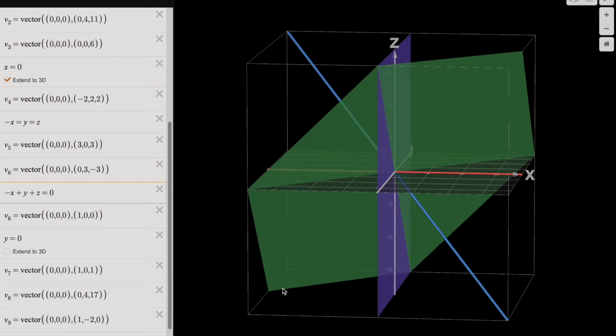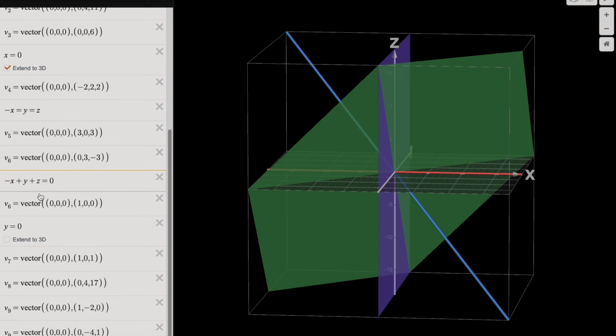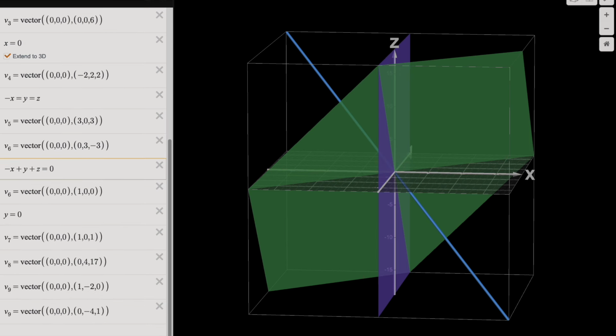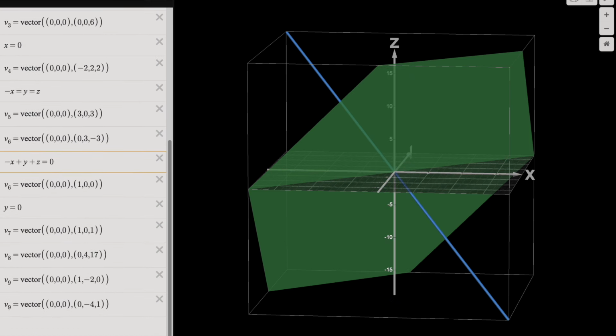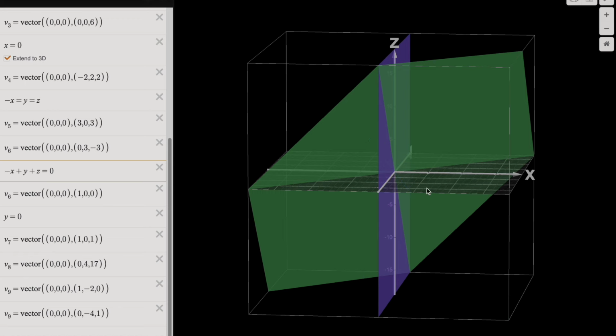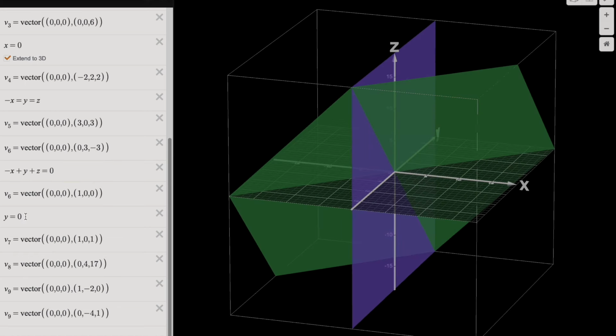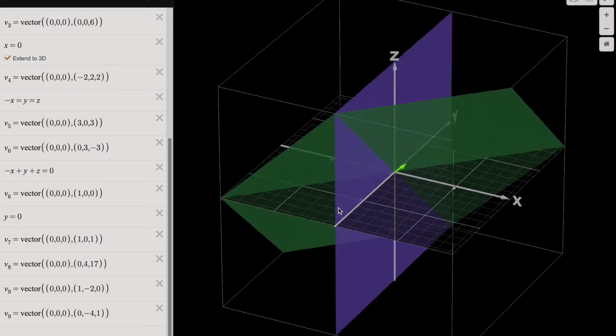Just focus on these two subspaces, the row space and the column space. I take one vector, this green vector, which is in the row space.